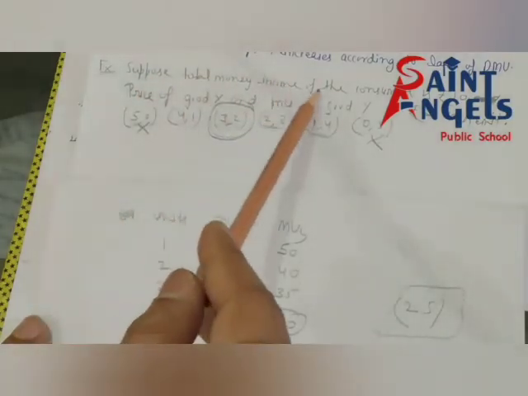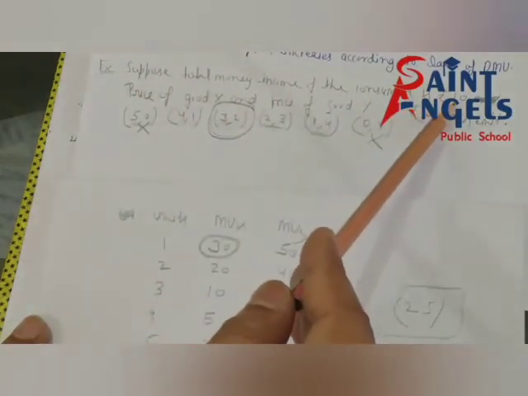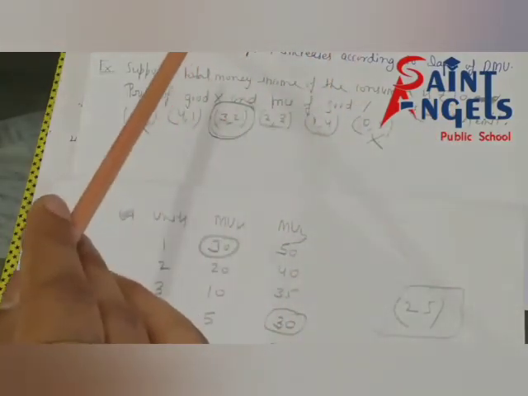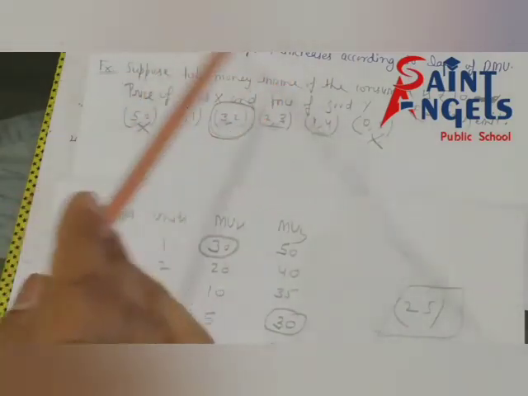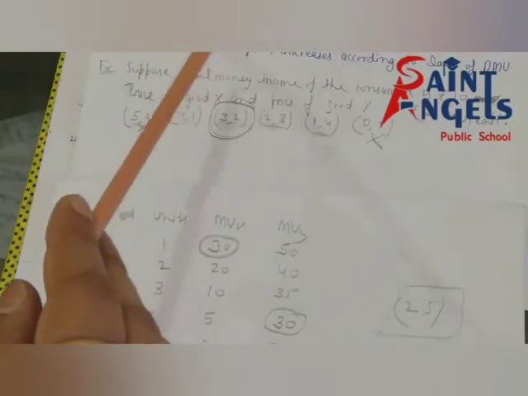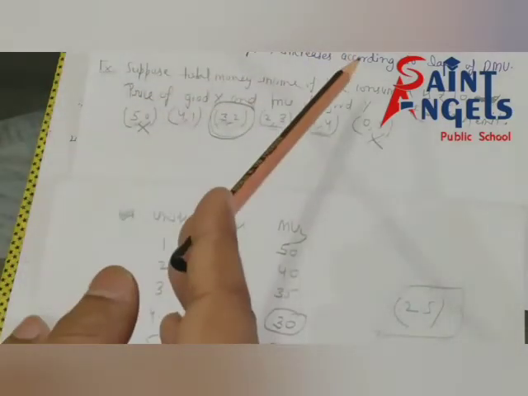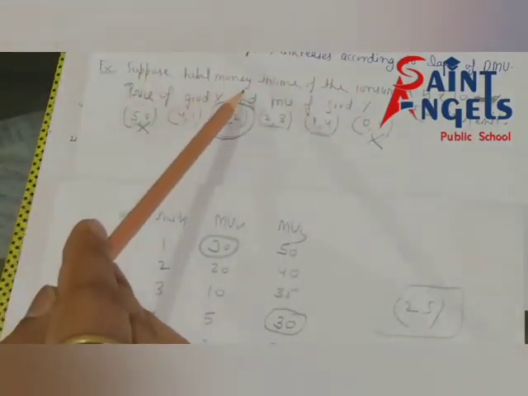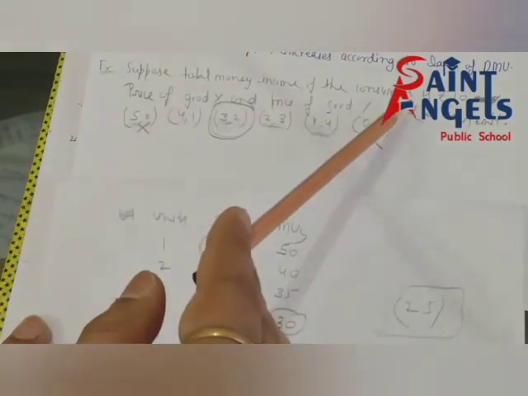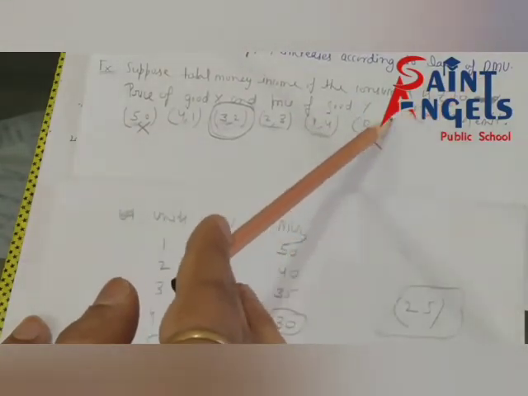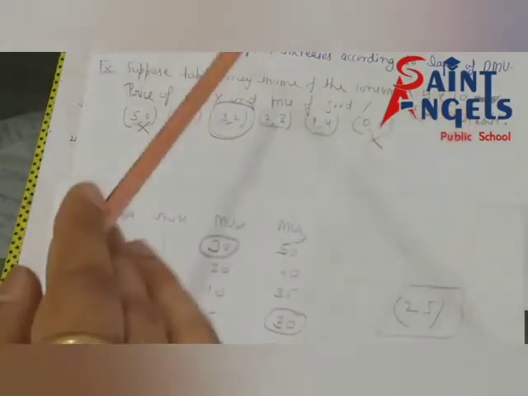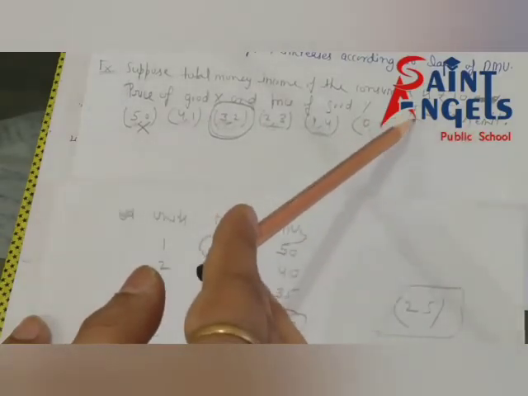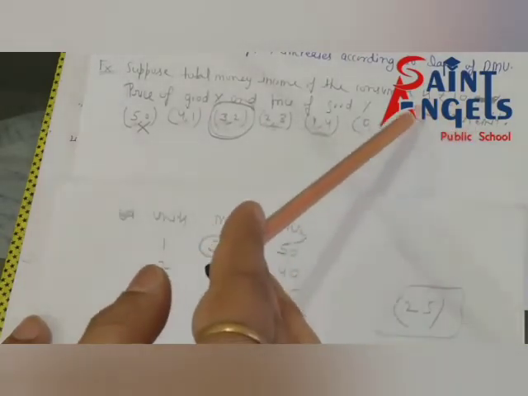Suppose the total money income of the consumer is rupee 20, then you will take the price of good X and good Y the same. You can take either rupee 4 each unit, or you can take rupee 5 each unit. It's up to you.